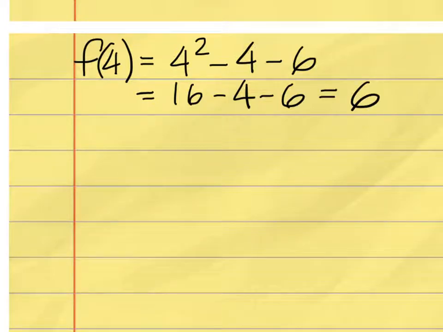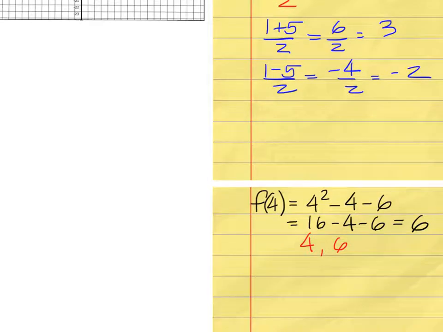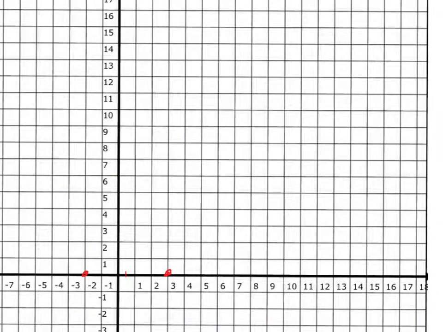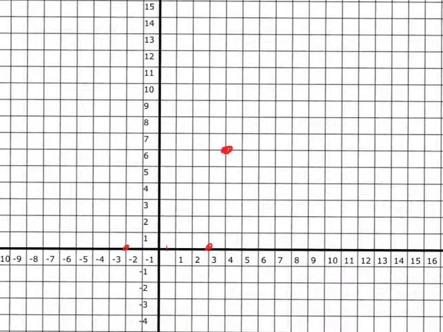So I plugged in a 4 and came back with a 6. We will find that on the graph and make a dot. If I plug in negative 3, what should I get back? 6. So we will put that in there.